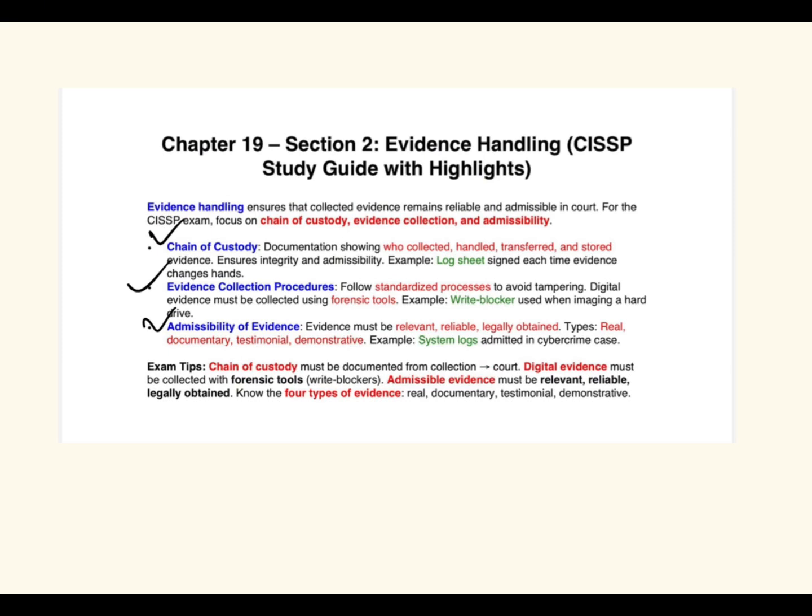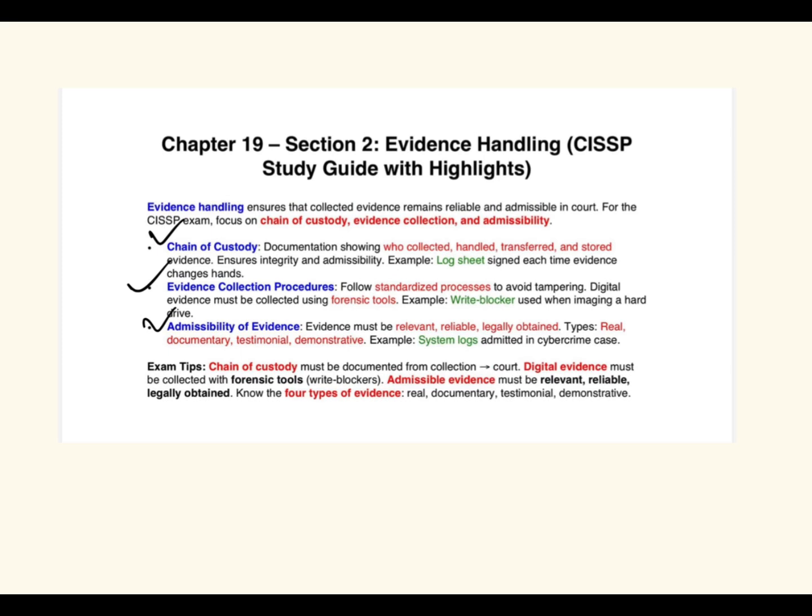So chain of custody tracks who handled evidence. Let's summarize it. Chain of custody tracks who handled evidence. A signed custody form is an example, and it ensures integrity.